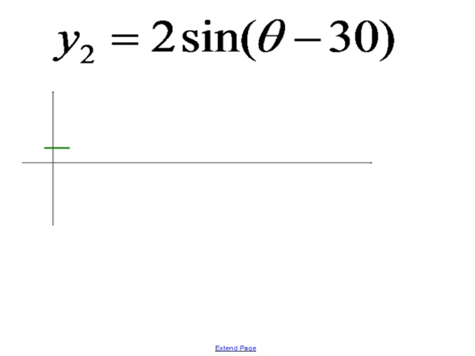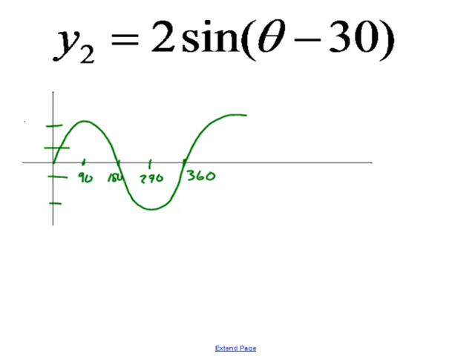I'm actually going to do the transformation function of the 2. So I'm going to go up to 2, down to 2. I'm going to do a little extra. Okay, so some points I needed to know were this is 90, this is 180, 270, and 360. So this is 2 and this is negative 2.